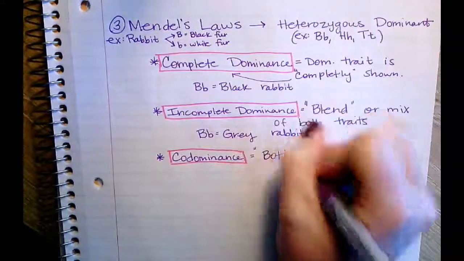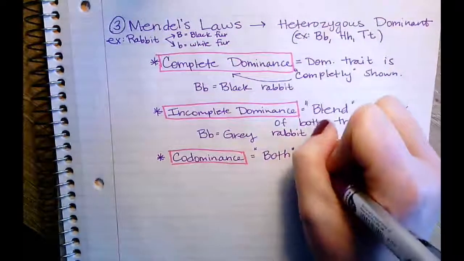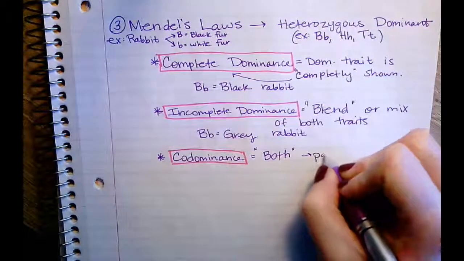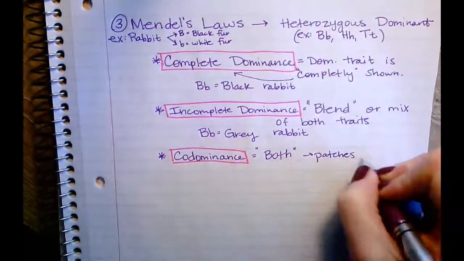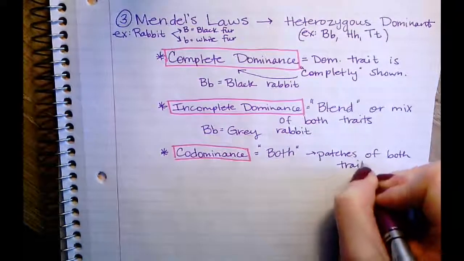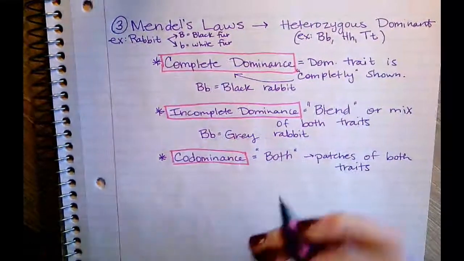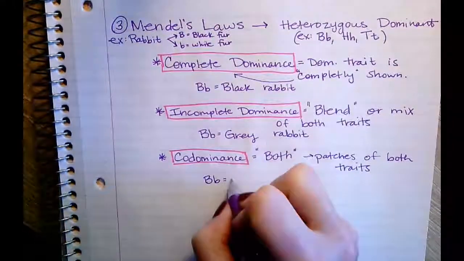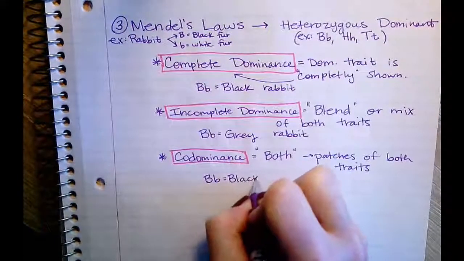You see both colors. What you would see is patches of both traits. So for a big B, little b rabbit, you would see black and white patches.